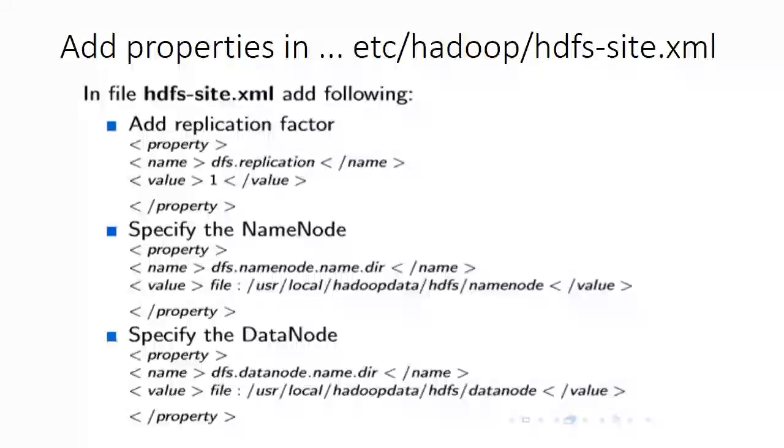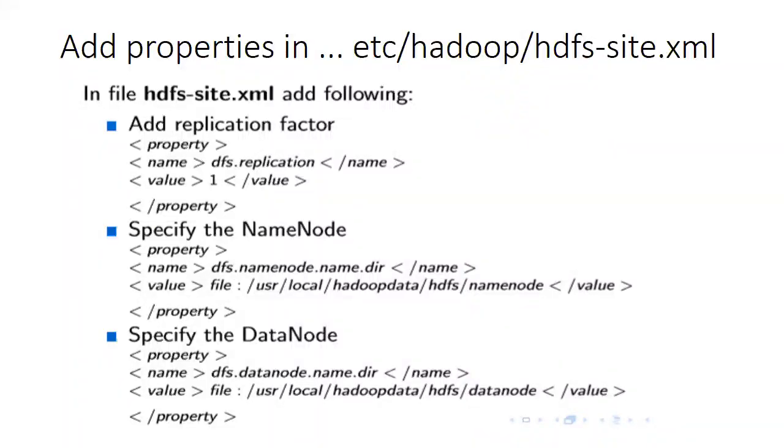We already created it using the mkdir command, under /usr/local/hadoop/data/hdfs. So the property name is the name node directory, and where it is available is the property value.